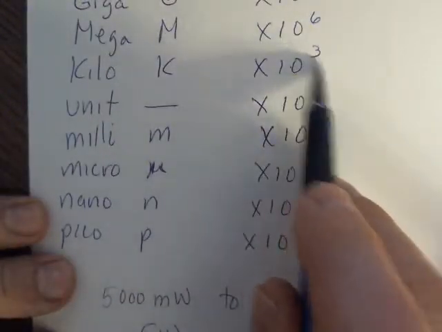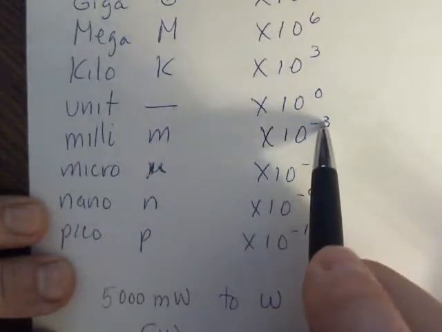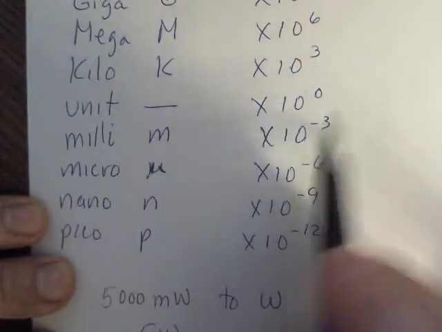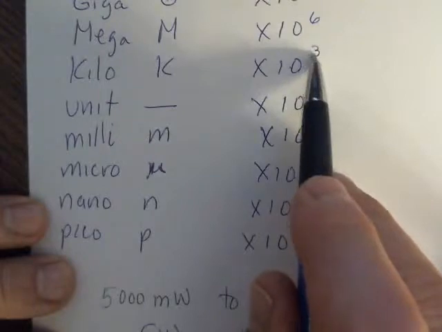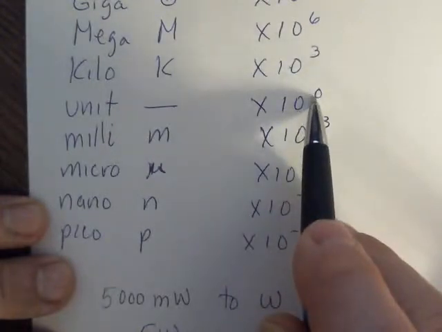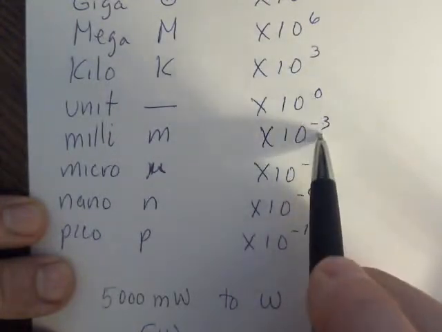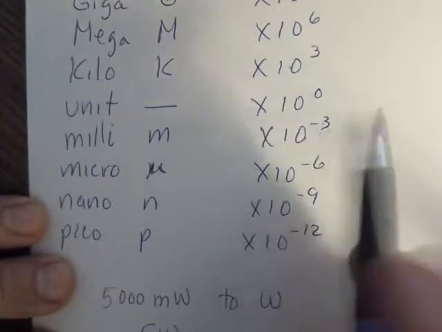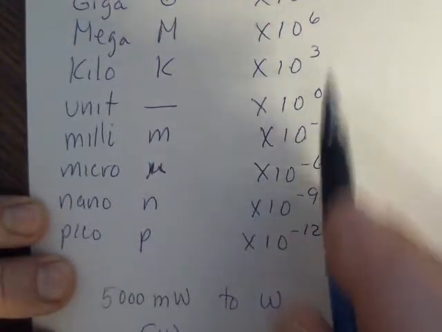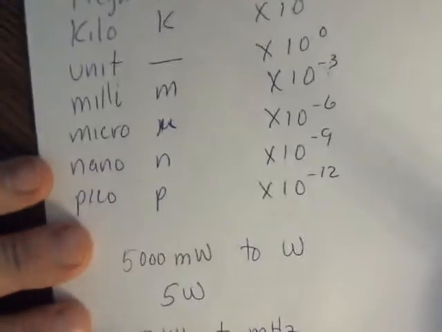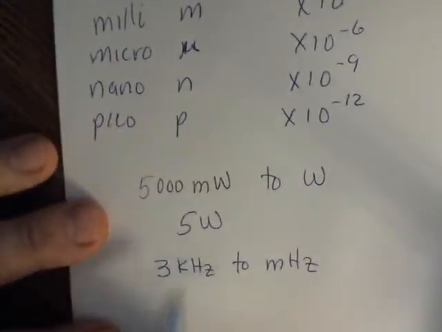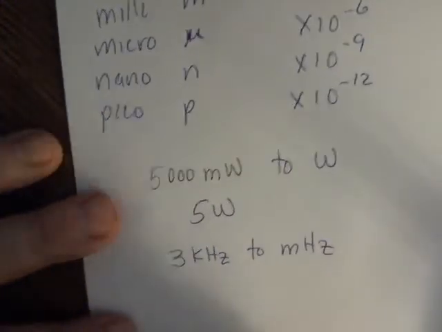So therefore, I've got to go down 2 levels on my prefixes. But if you think about it, I'm subtracting 3 from this exponent to get to here, subtracting 3 more. So in theory, I'm moving 6 total places, which means I have to add 6 decimal places to this number.